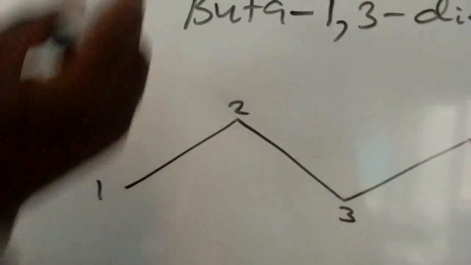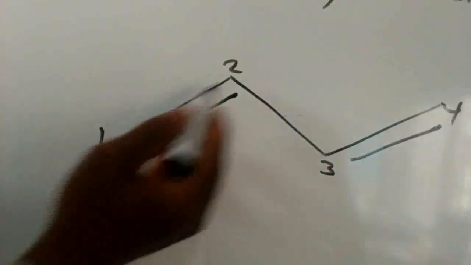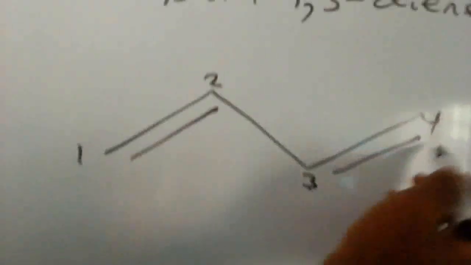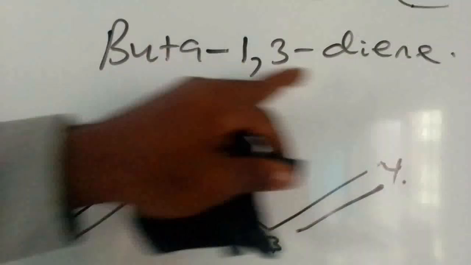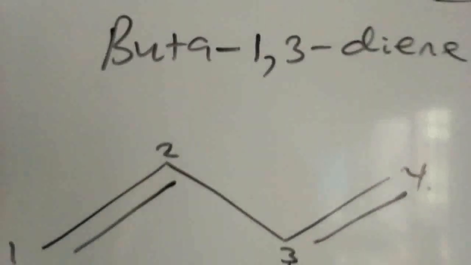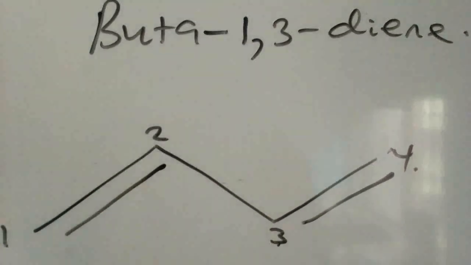Then the double bond lies between 1 and 2, and another one lies between 3 and 4. So this is the structure of buta-1,3-diene. So that is the skeletal structure.